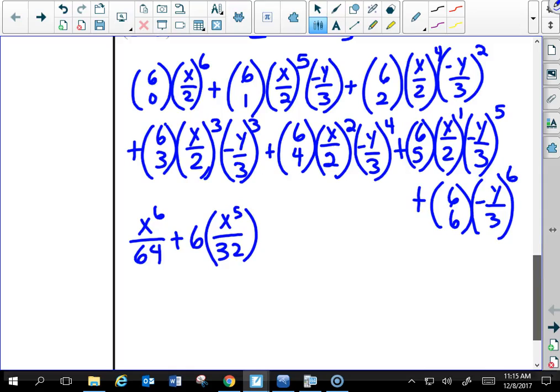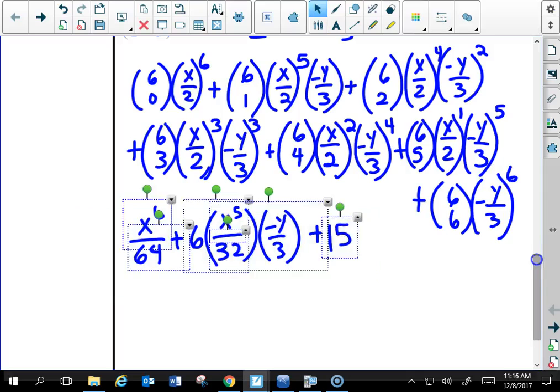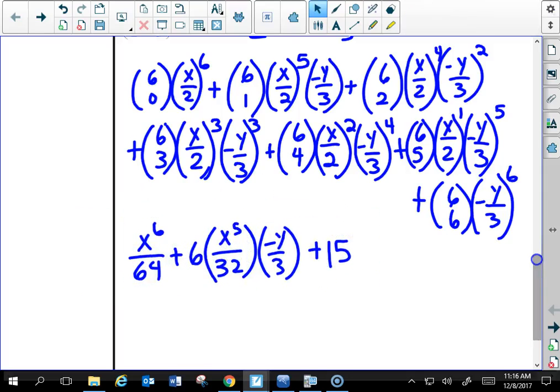And then I get negative y over 3, plus the combination 6, 2 gives 15. I'm going to run into the previous line if I'm not careful.